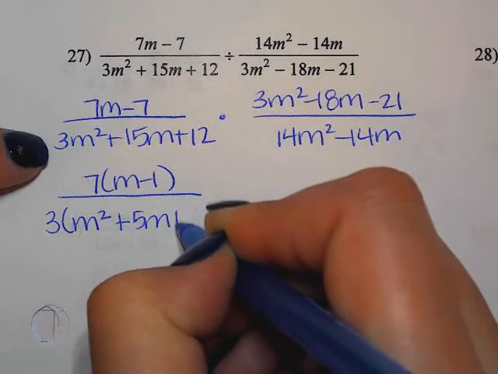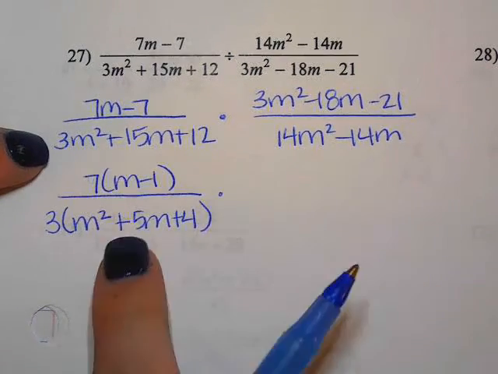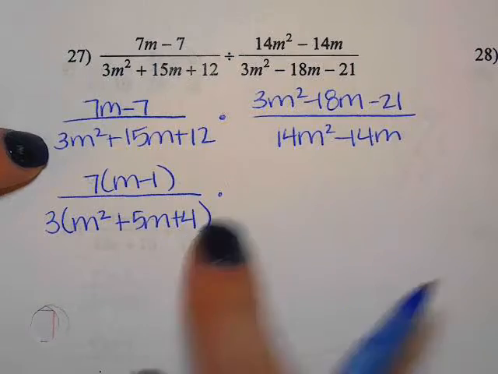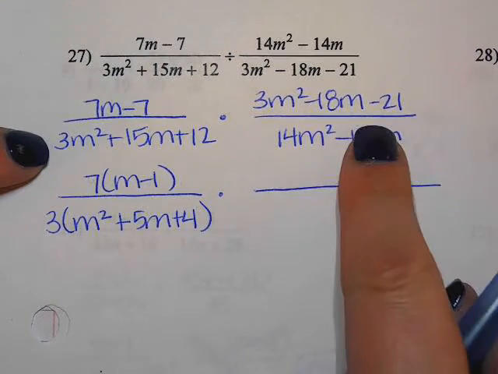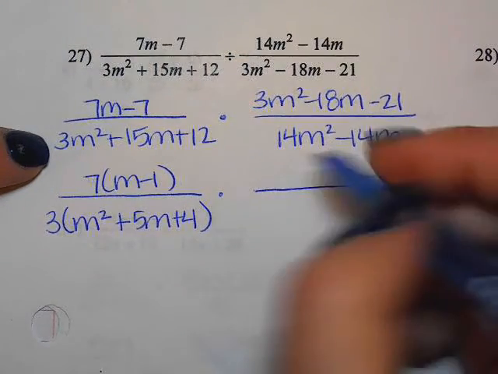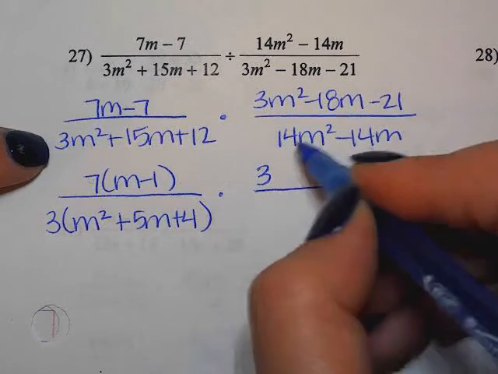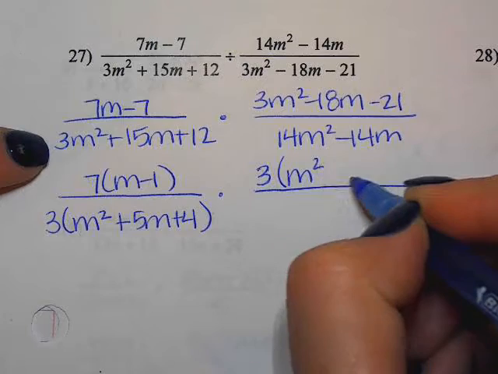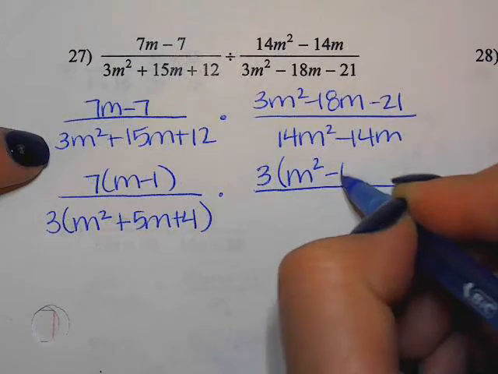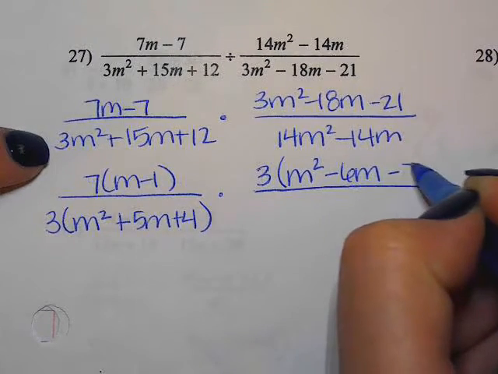Okay, so that one's going to need a little bit more factoring, right? Okay. What's the GCF on the top? 3 or 3m? Just 3. M squared. Okay.